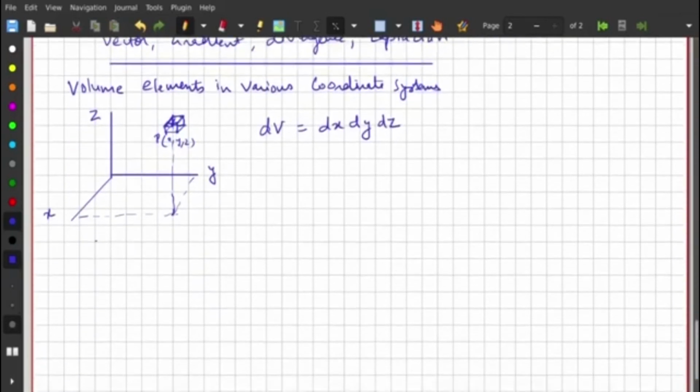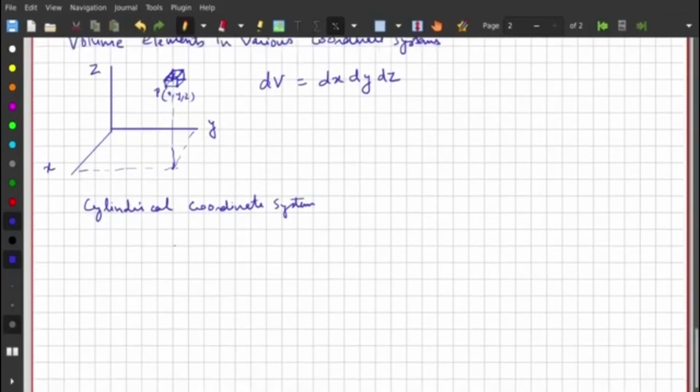Okay, and let's do it in cylindrical. Just by the nature of the cylindrical coordinate system, you will see that, let's say we have again the coordinate system and this point P. So this is rho, that is theta. A small volume element there will look something like this.